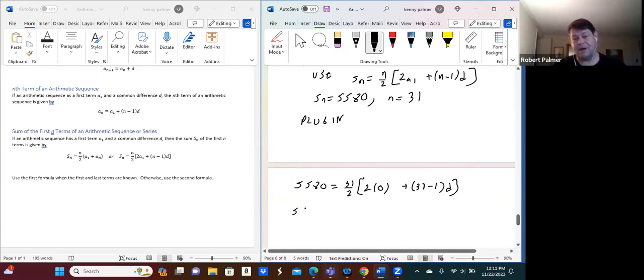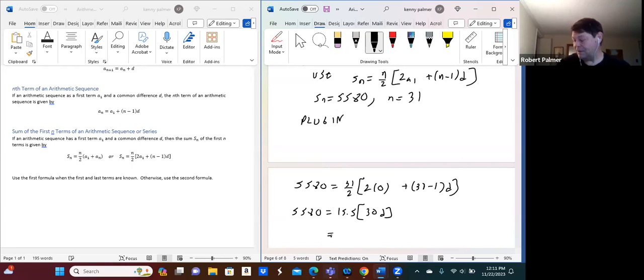So that's going to be 5,580. Just finish off the steps. It's going to be 15.5, and then 31 minus 1 is 30, times d. All right, so let's multiply this. 15.5 times 30 is 465.